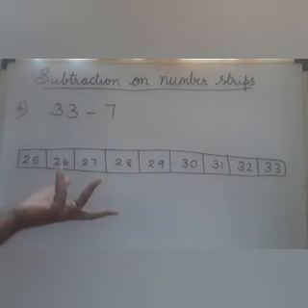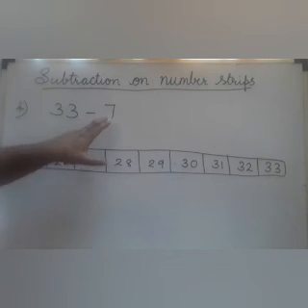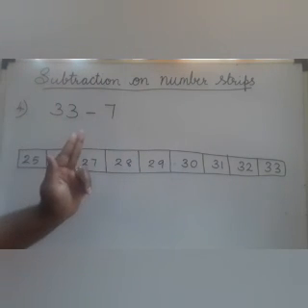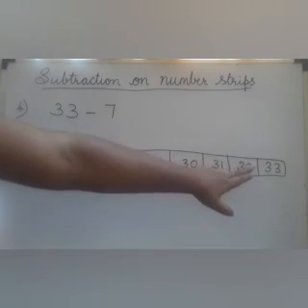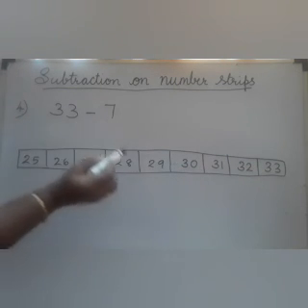Then, how many backward jumps do you want to make? We want to make 7 backward jumps from the number 33. Shall we start jumping? Yes, come let us start the jumping.